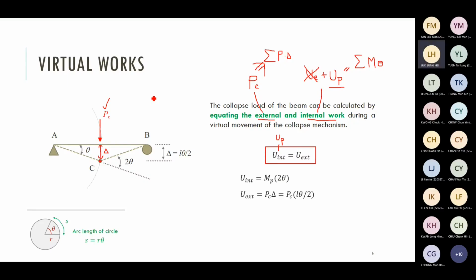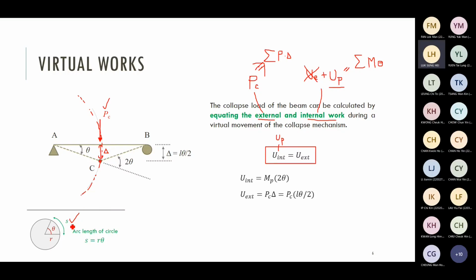Here I would like to use one approximation. We assume a relatively small deformation. You can assume that when this member deflects downward, it is just like part of a circle. You can see a dashed line here representing a big circle. The deflection delta is actually the arc length of a circle. How to calculate arc length? The picture below shows the formula.